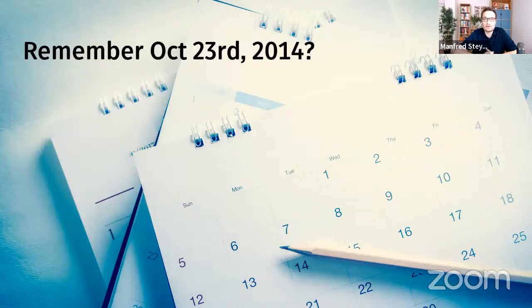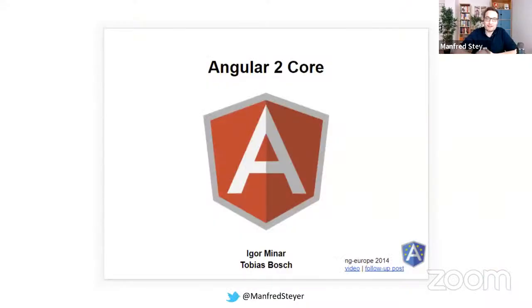Back then, it was still called Angular 2, and it was announced in Paris at NG Europe, which was back then the hugest Angular conference on the continent. The hugest conference with support from the Angular team. And there, Igor Minar and Tobias Bosch presented Angular 2 core.